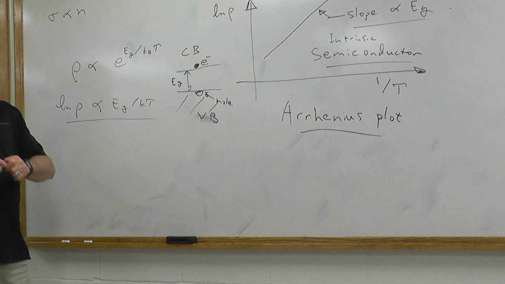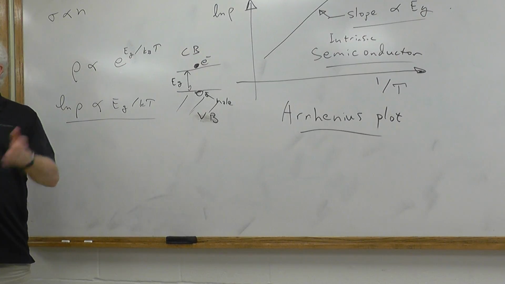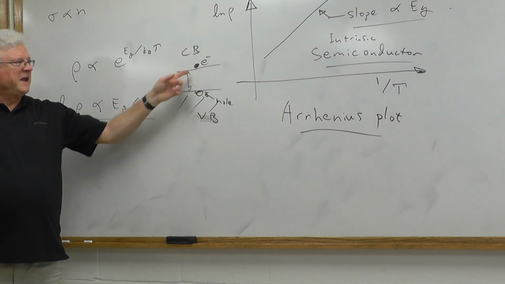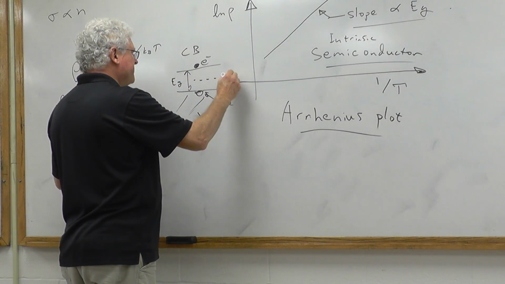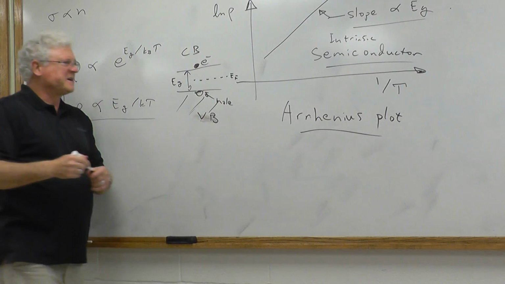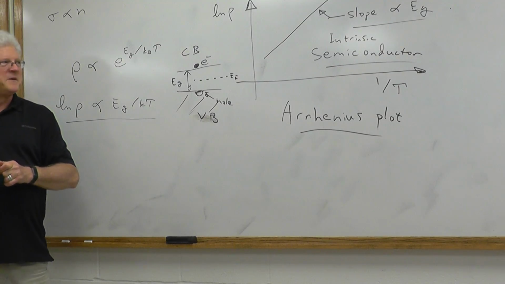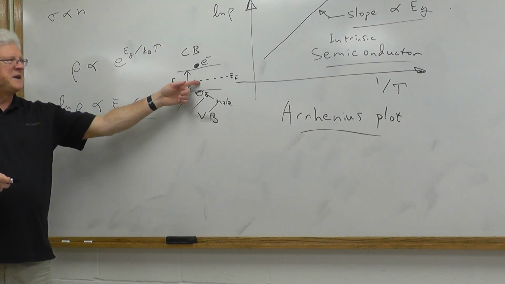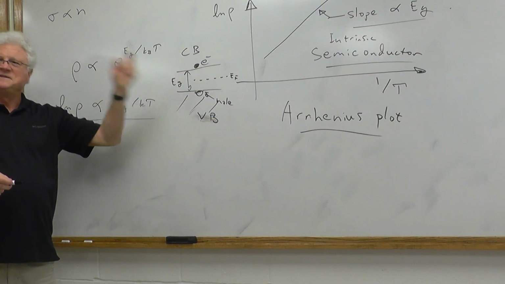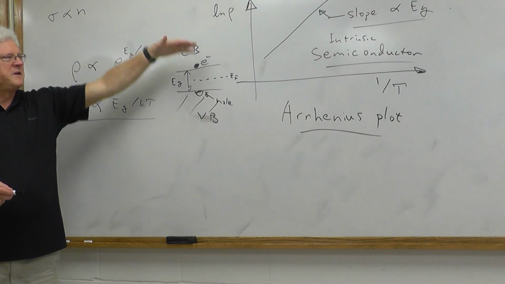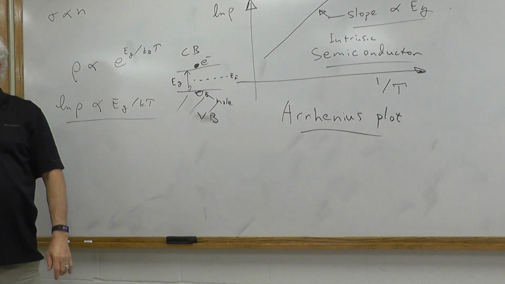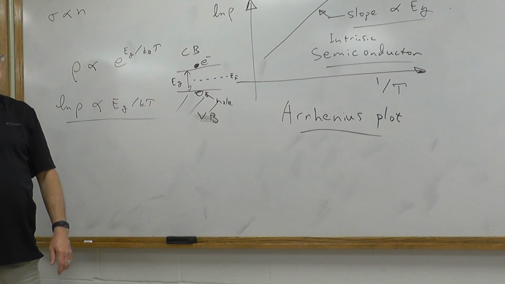And so the idea is that at room temperature, or at any temperature, you can still define a Fermi level, and that Fermi level, if it's an intrinsic semiconductor with no doping, is right smack in the middle of that band gap. If it's doped, it could be either way up here or way down here, depending on whether it's N-type or P-type.